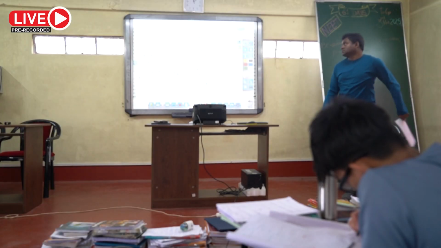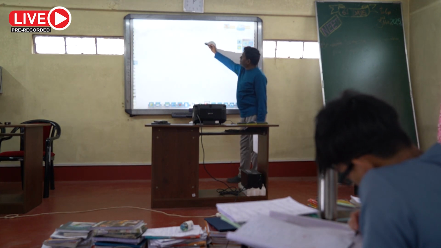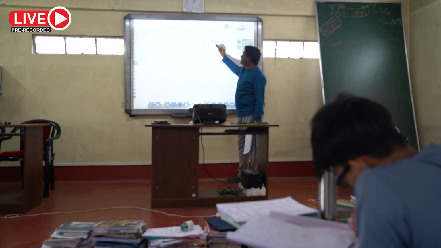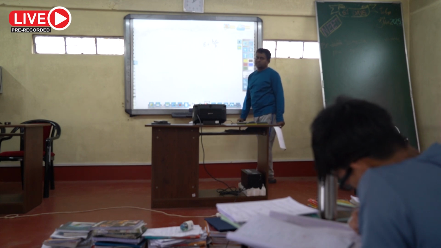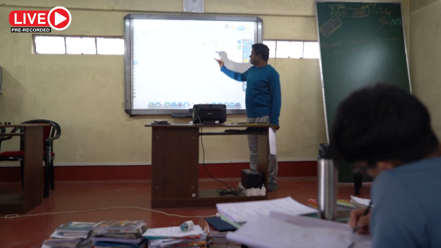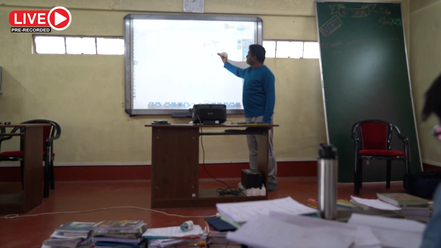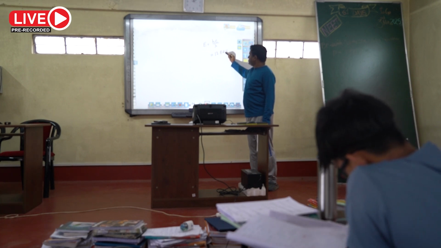First calculate this one using this formula. What will be the energy given, that is hc by lambda, convert it to electron volt. 12.8 electron volt.